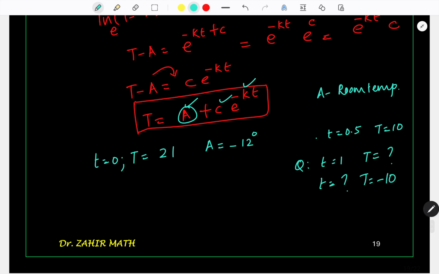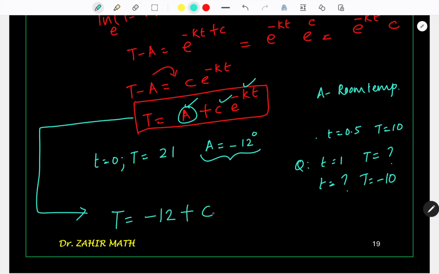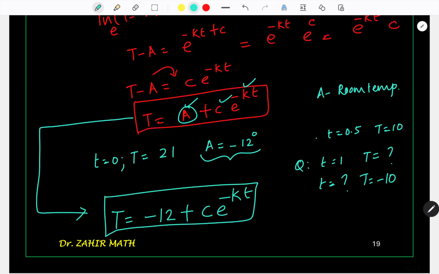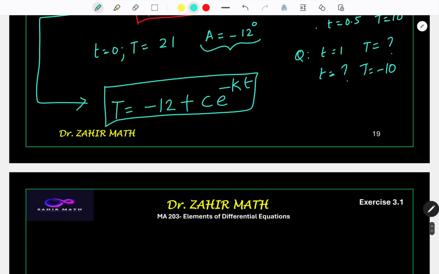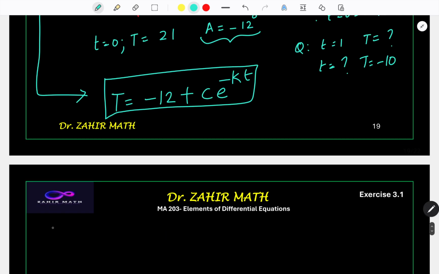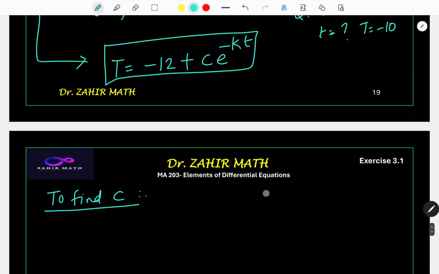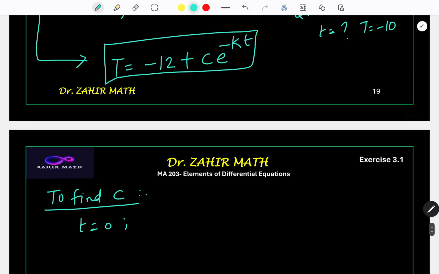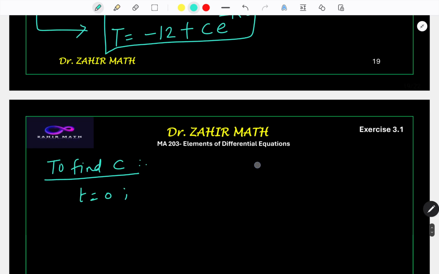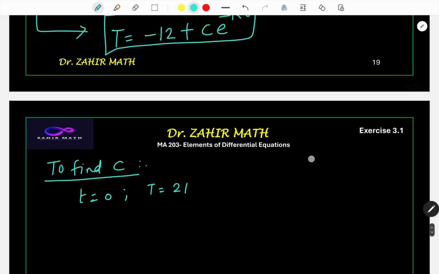So let us write the room temperature. T is equal to, room temperature is A, minus 12, so minus 12 plus C e power minus kt. First we will write the room temperature, after that we'll go for the next step. First, to find C. What is the condition? t is equal to 0, capital T is equal to 21.